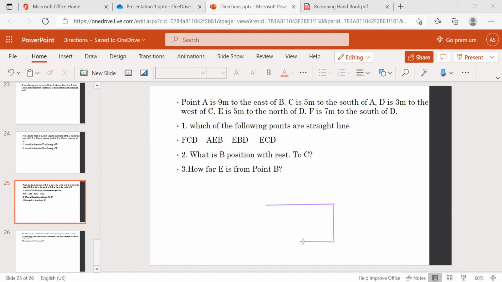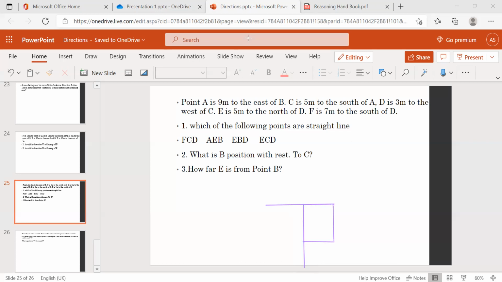And E is the north of D, 5 meters north. F is 7 meters south of D. Where is D? Here, right? D is here. And F is south of D.